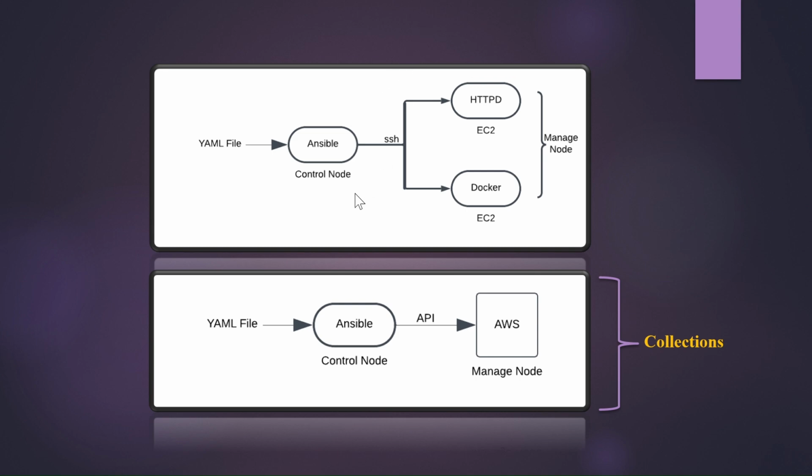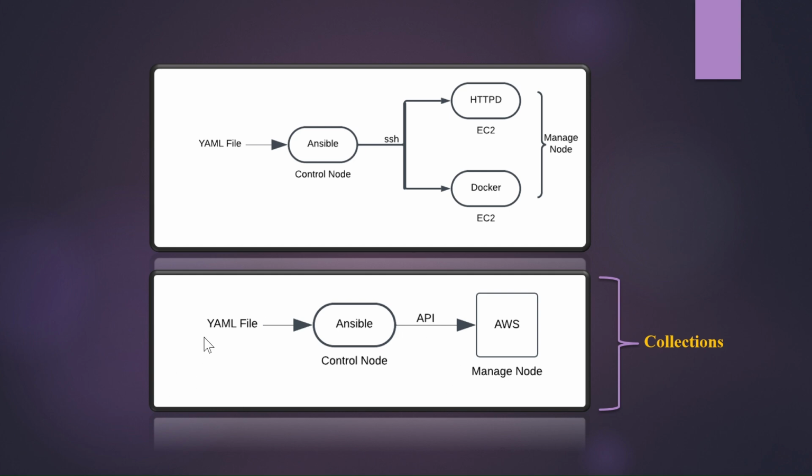Till now, what we have learned is this first diagram, which allows you to set up the Ansible control node to remotely manage multiple EC2 instances, each configured to run specific software, that is HTTPD or Docker. It makes it efficient to automate and control configuration across different servers.